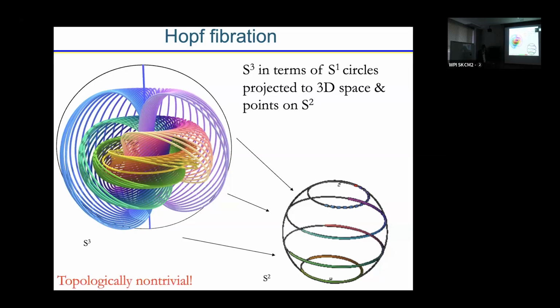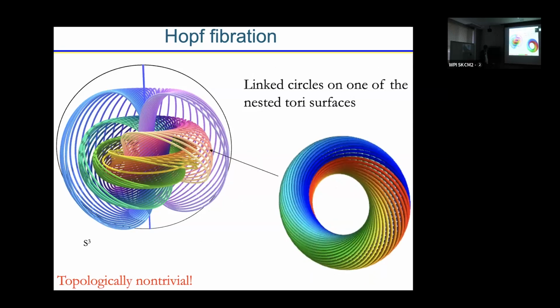And as you can see, these circles link with each other. So for every pair of points on the S2, we have circles in R3 that are linked with each other.